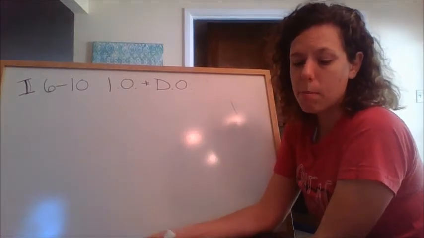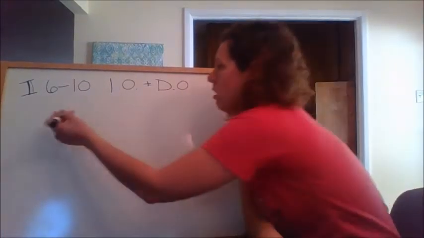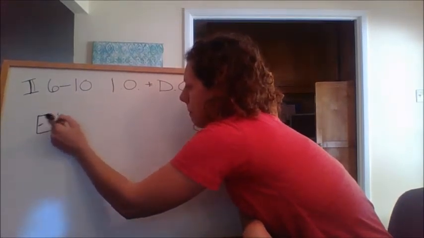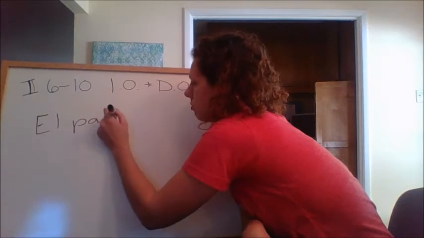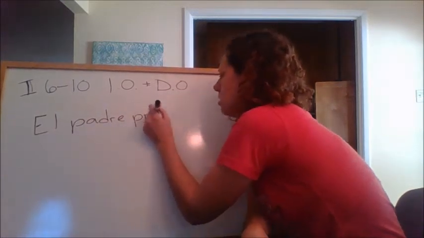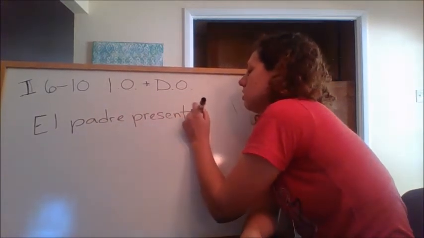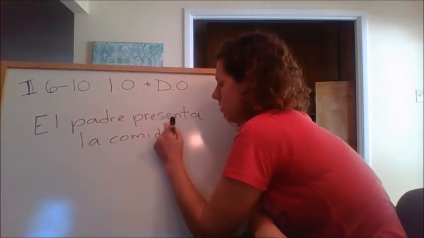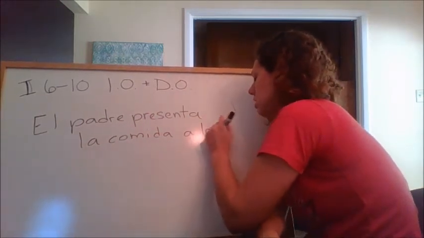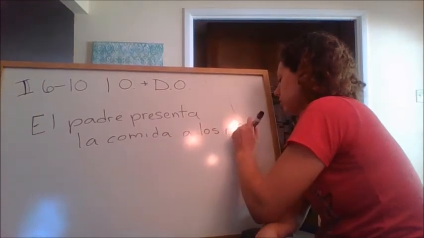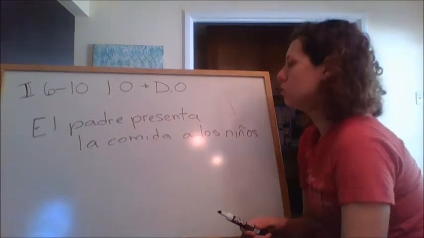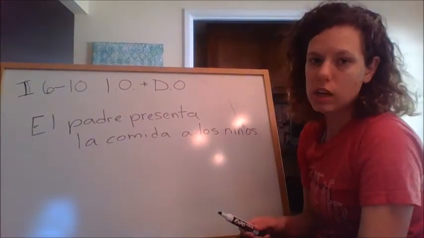Okay. So you might have something like el padre presenta la comida a los niños. All right. El padre presenta la comida a los niños. So the dad presents the food to the kids.